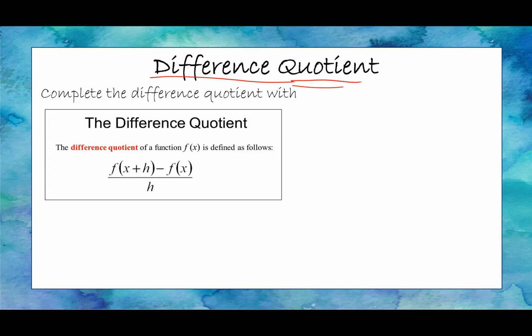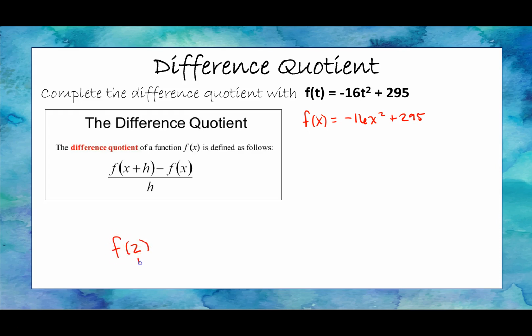we get there. So here's our function. F of t equals negative 16t squared plus 295. And I sometimes dislike working with t, so I'm going to rewrite this in terms of x, although you don't have to. So we know that when we have something like f of 2, you take that 2 and you plug it in, right?